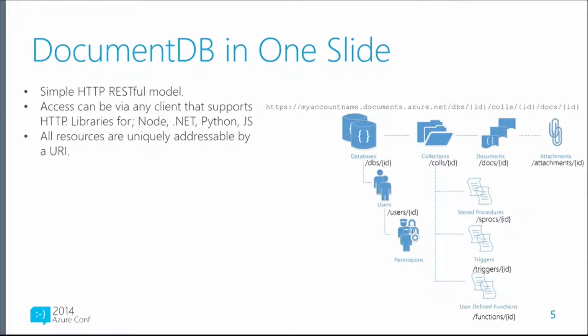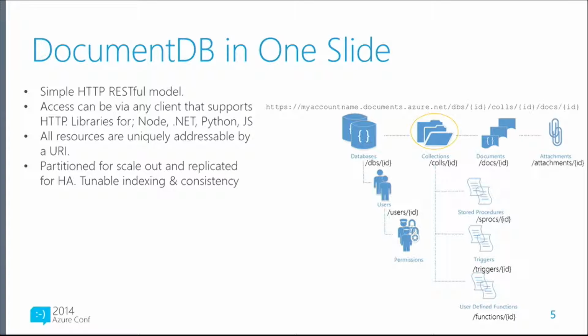As I said before, it's all based around URIs. So every resource inside Azure Document DB is addressable by a URI. It's partitioned for scale out and replicated for high availability, right? And we can tune the consistency model to trade off performance and latency against consistency.